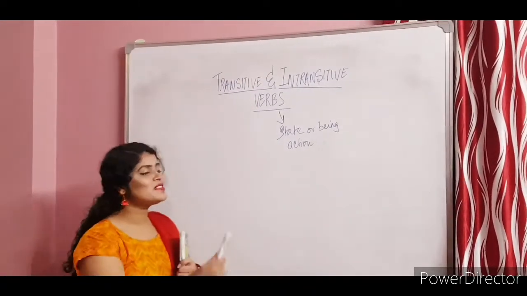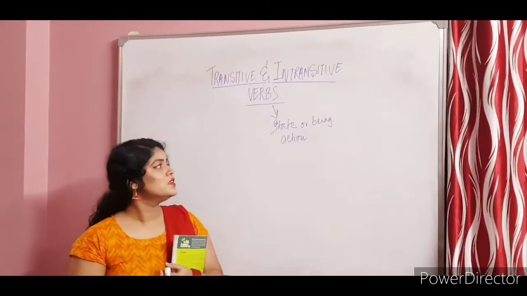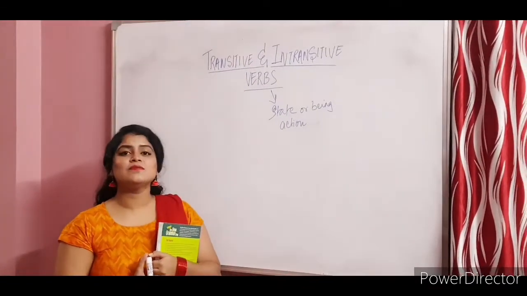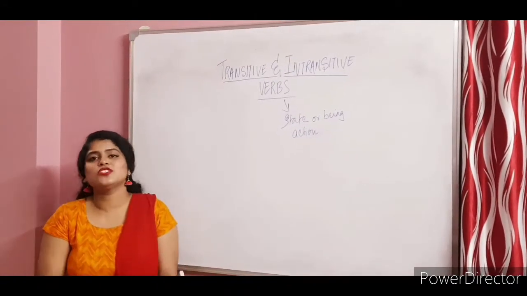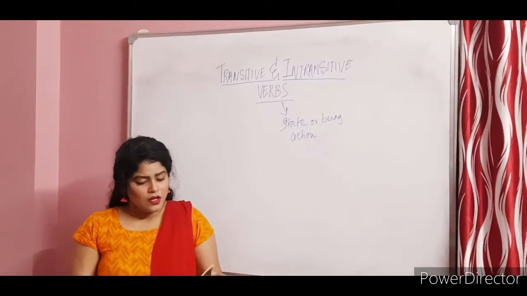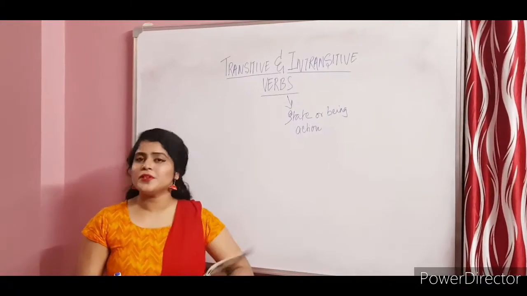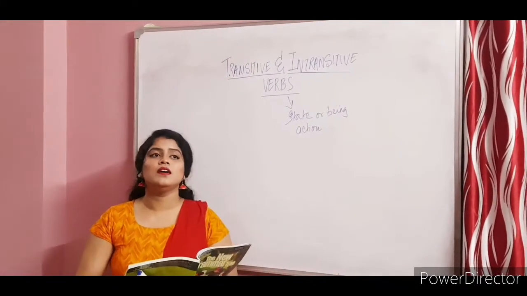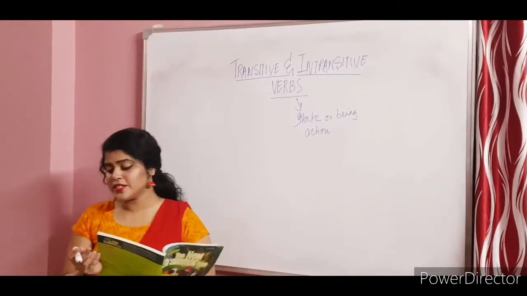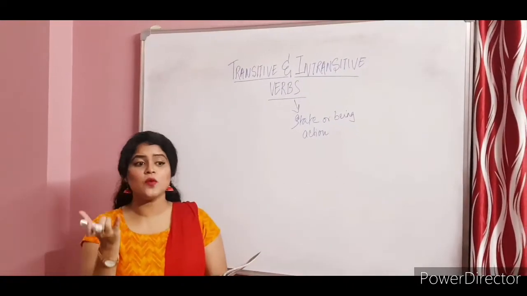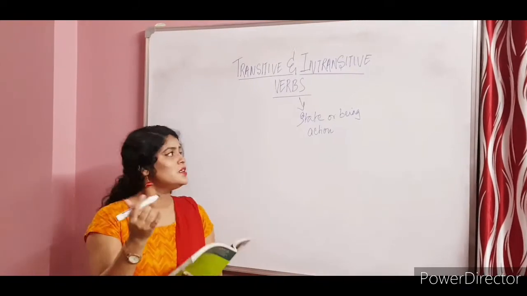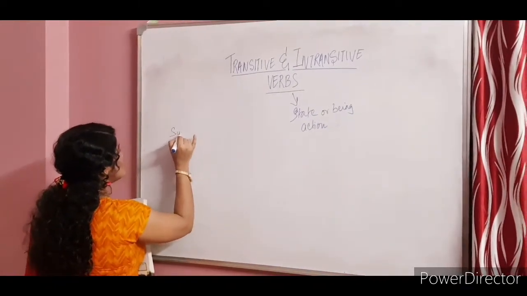It determines the state or being of the subject, or it states some sort of action that the subject is doing and what the object is receiving. Now, what we have to remember while studying transitive and intransitive verbs is that we are taking into consideration the subject and object.